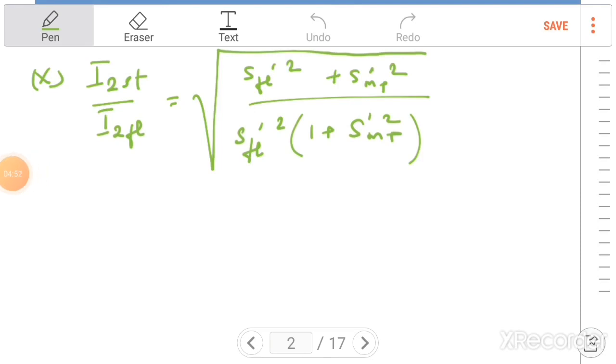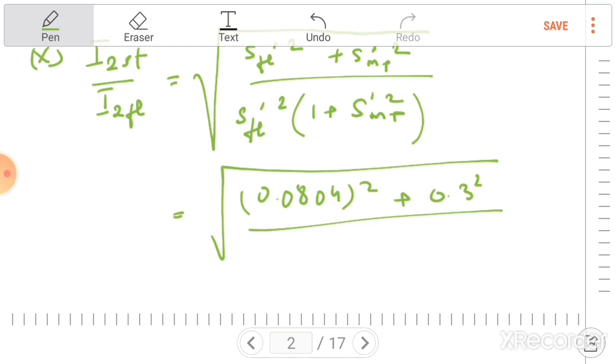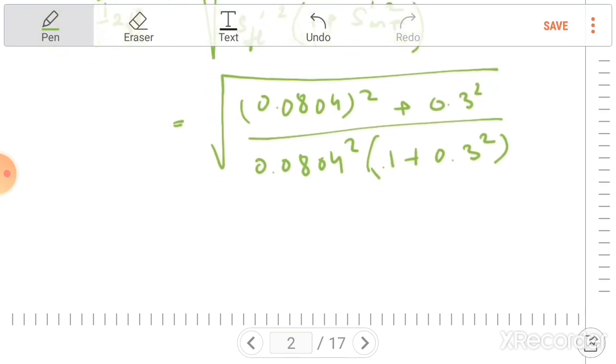Using the same formula, we obtain I2ST divided by I2 at full load equal to the square root of (0.0804 squared plus 0.3 squared) divided by (0.0804 squared) multiplied by (1 plus 0.3 squared), and this will be equal to 3.7.